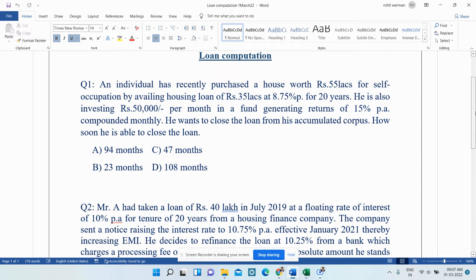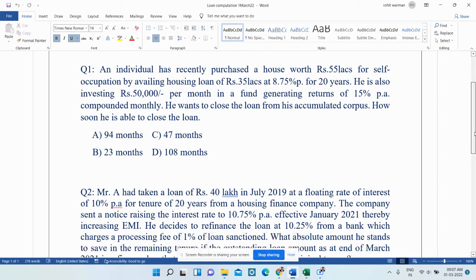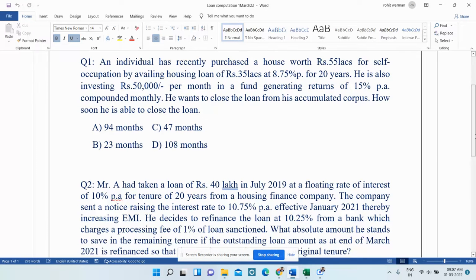If I talk from the sales perspective, the bank has sold the loan, and at the same time has sold some portfolio or mutual fund also. Now with this question I will tell you how to do it on Excel as well as on the calculator. If it is a calculator, then we have to do some trials. If it is Excel, then we can find it exactly. So how can we go about this?